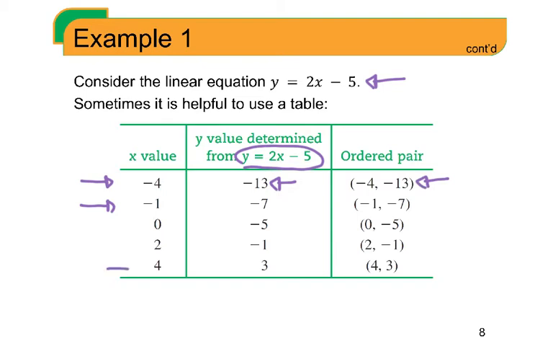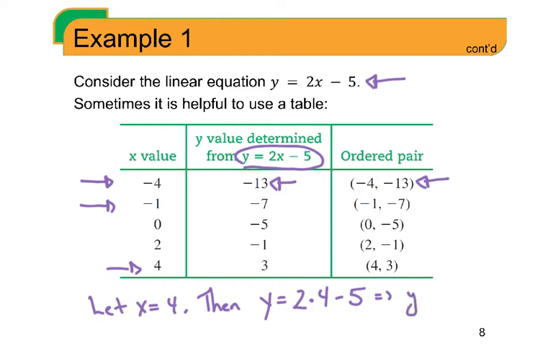For example, let's do this one. Let x equal 4. Then what does y equal? Well, y equals 2 times 4 minus 5, which means y equals 8 minus 5, which is 3. And that gives me this ordered pair here, (4, 3).